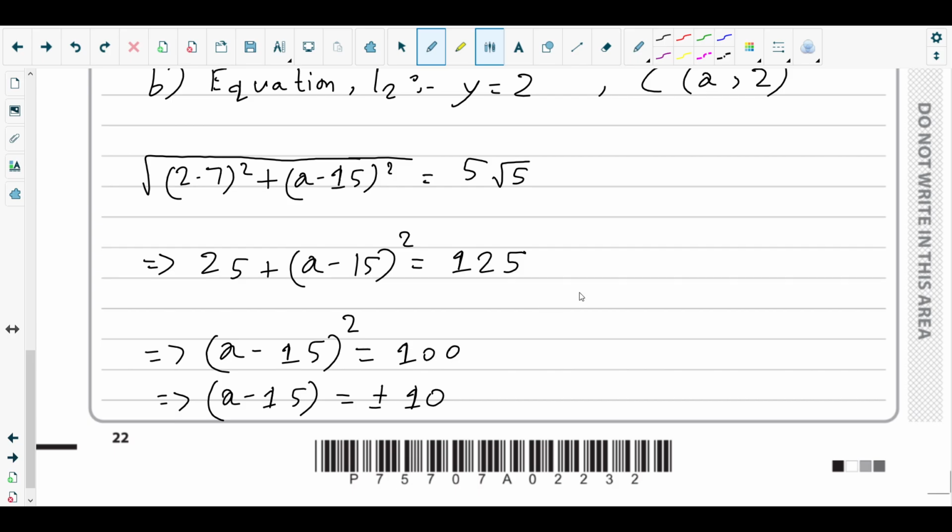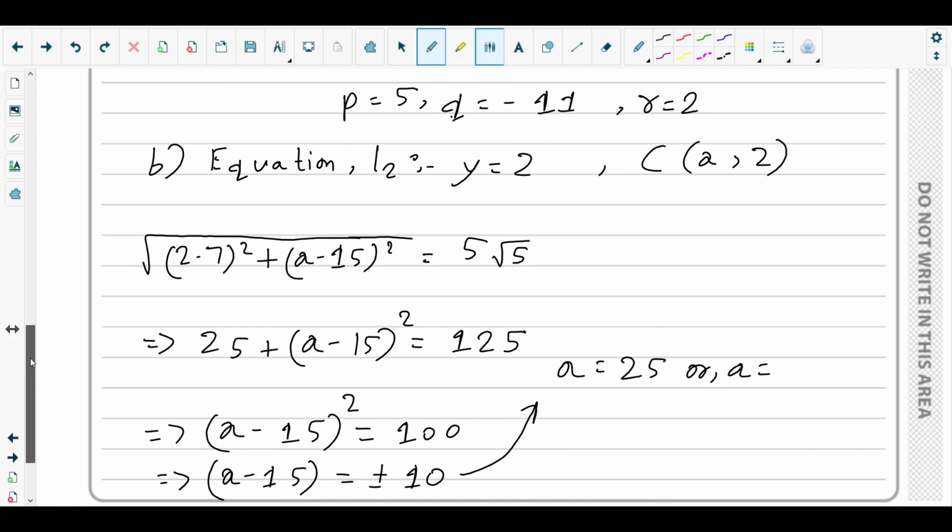Fine. So either the value of a is plus 10 plus 15, that is 25, or a equals minus 10 plus 15, that is 5. Okay, done.